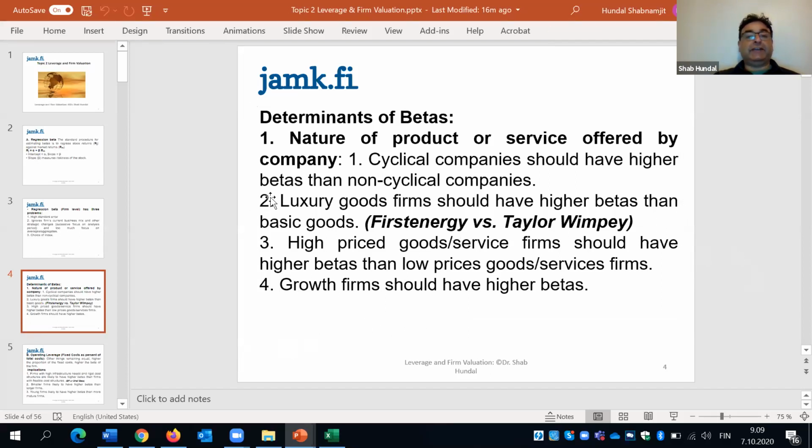So do you see any other factors in your mind which could also have an impact on the beta? Maybe if the company is government, beta will be higher. Sorry, could you say it again? You mean the governance?